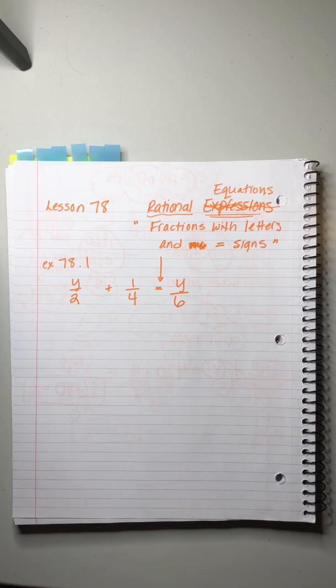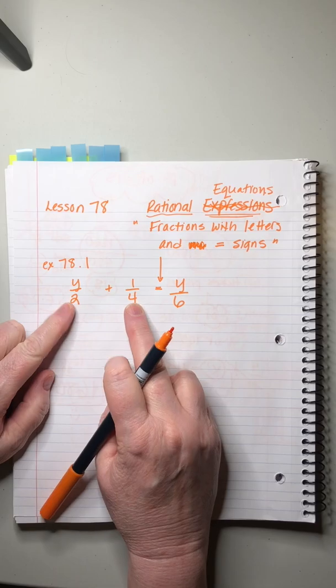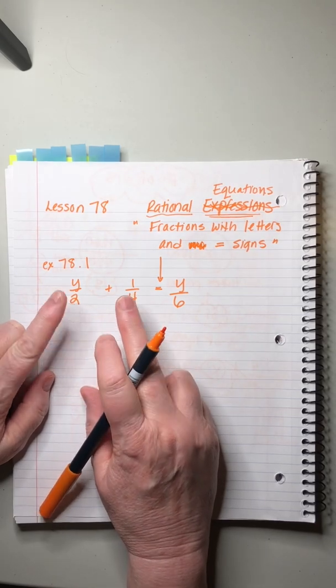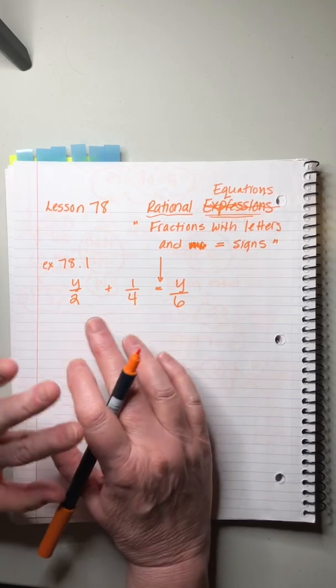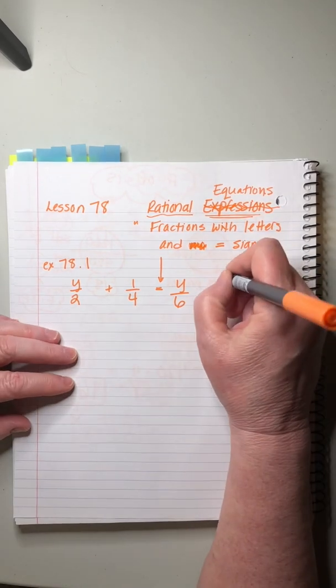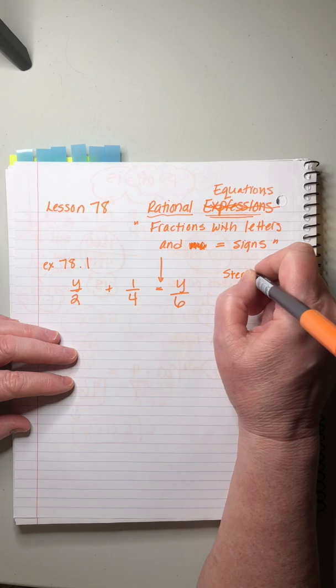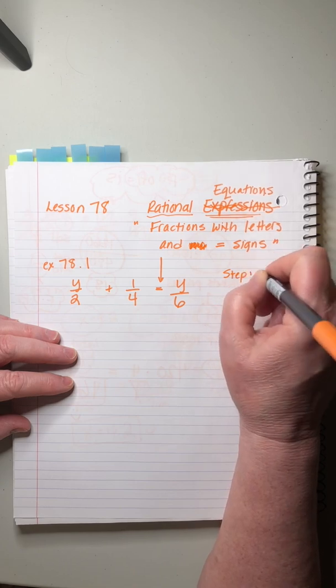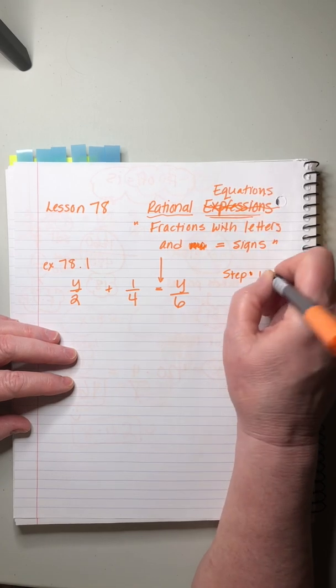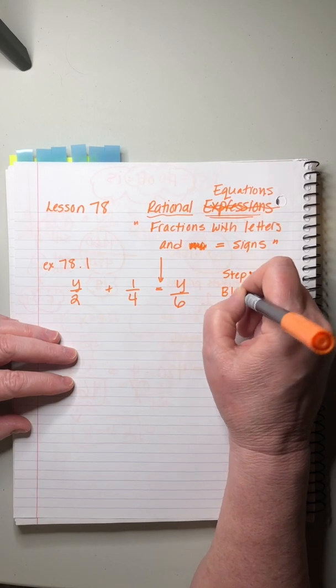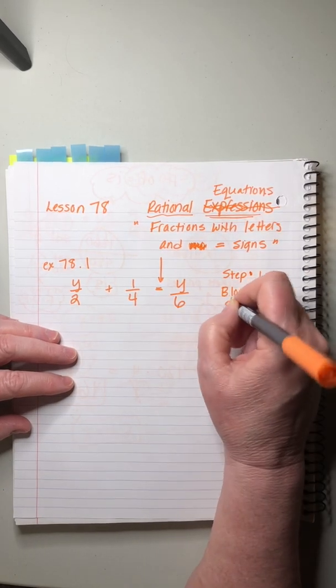That means that we don't have to just make the denominators match. We can blow them up. We can get rid of them. So our step number 1, I get violent about this, blow up the denominators.